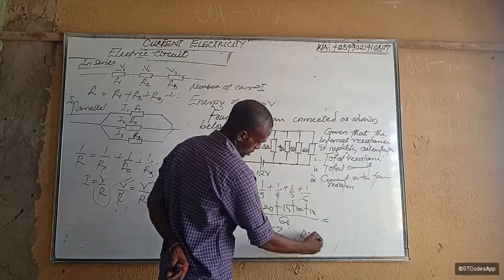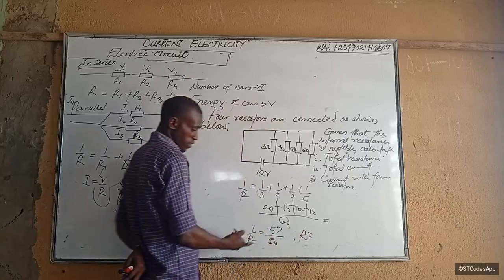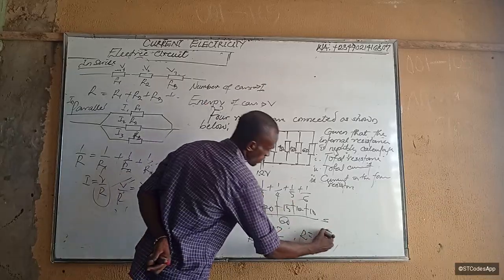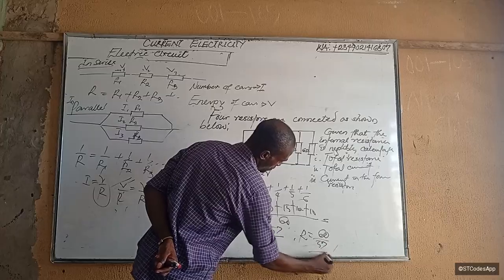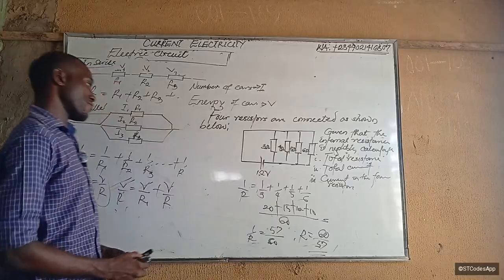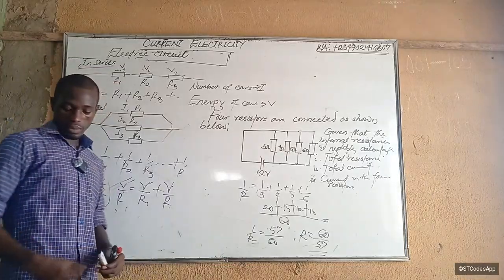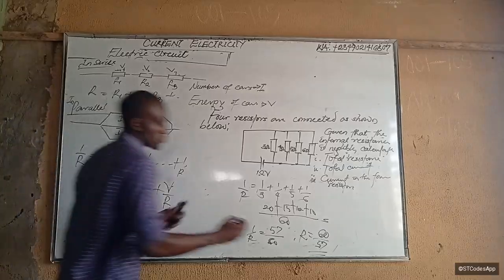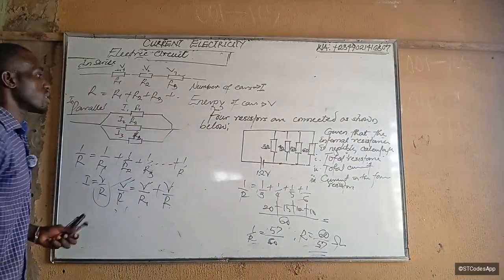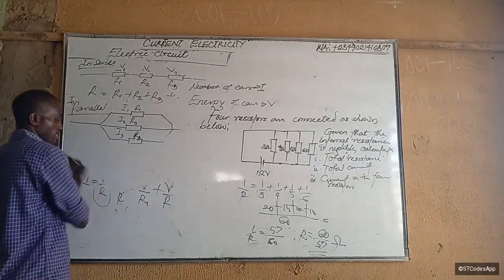So 1 over R is this, and R over 1 will now be 60 over 57 ohms. I was looking for a sweet number, but let's still use it. So that's the total resistance there.